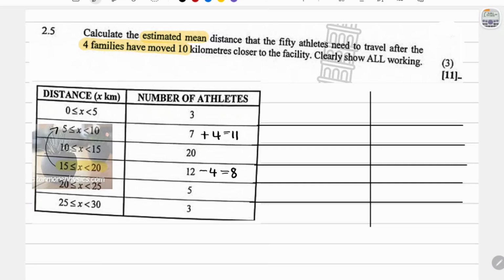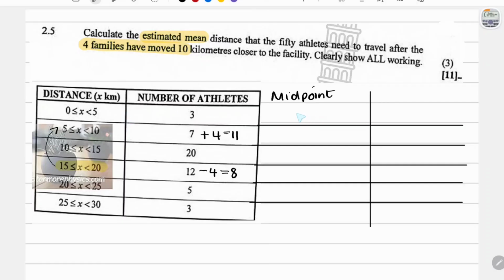So the first thing we're going to need is to calculate the estimated mean, okay? It is estimated because we're using grouped data and not specific numbers. So the first thing we're going to need is the midpoint, and this is really where the estimation comes from. That's the reason it's called an estimated mean.